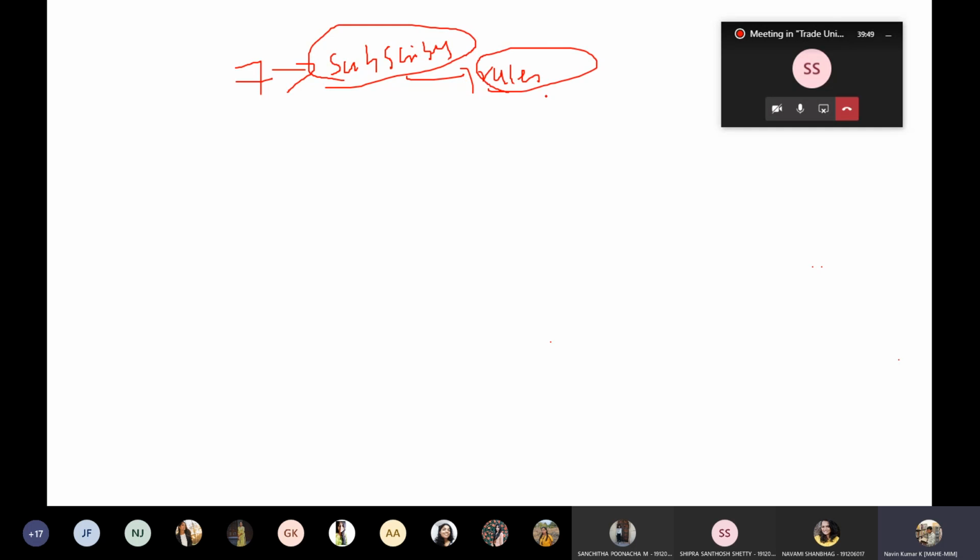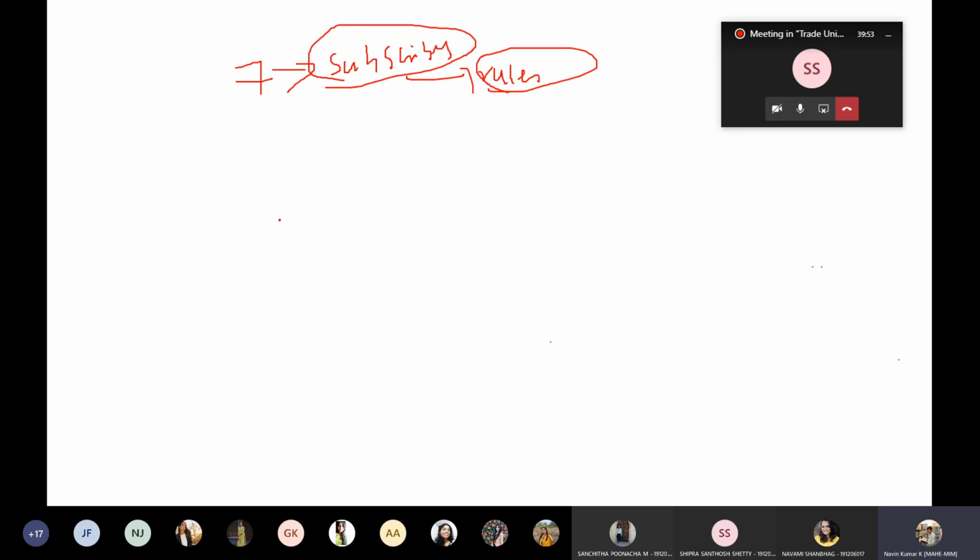Accordingly, in a union, these 7 people are not just members, they are the subscribers. They formed the rules of the trade union, on objects and those things, and 7 members must subscribe their names to the rules of the trade union. This is the requirement under the law.